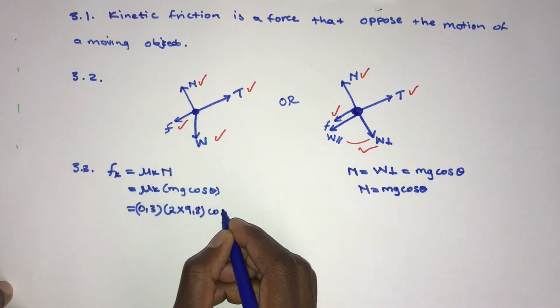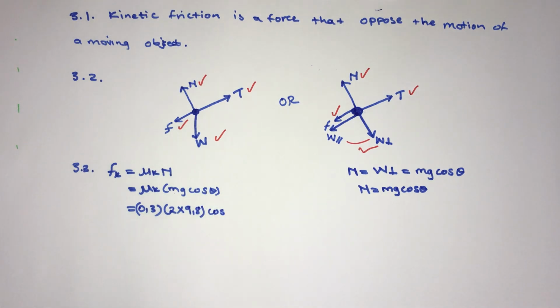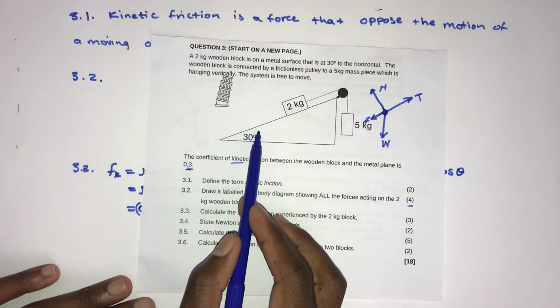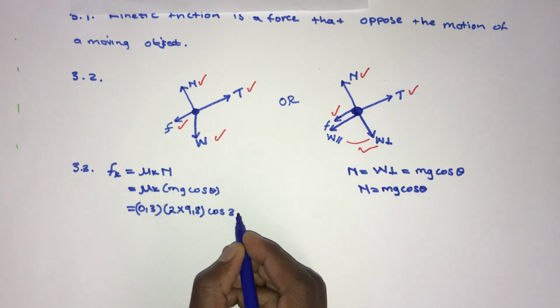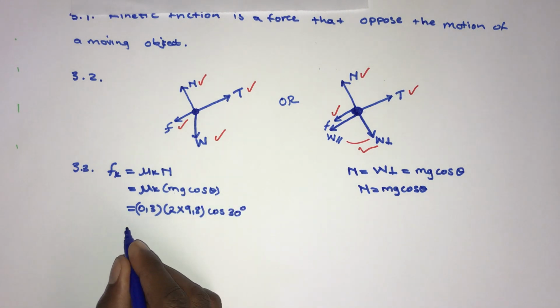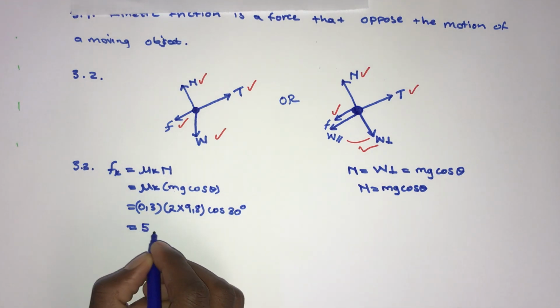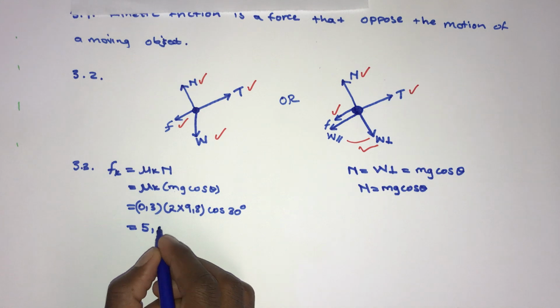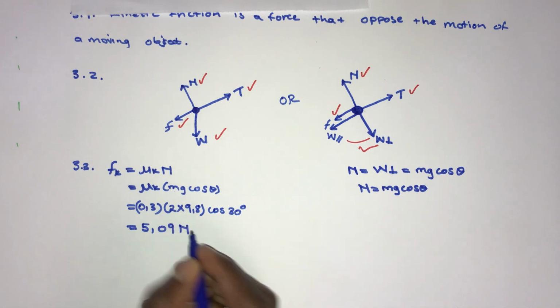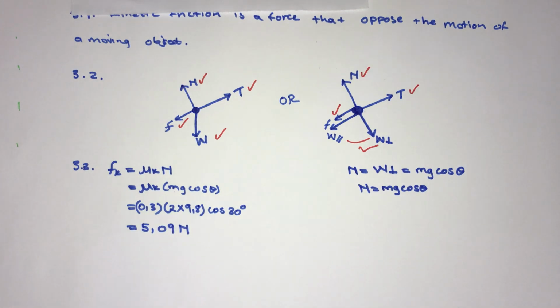Then cos of what? Cos of the given angle, which is 30. That is the given angle. So that is the cos of 30 degrees. Then punch the calculator. That gives us 5.09 Newton. So this is the frictional force experienced by the 2 kg block when it moves up the incline.